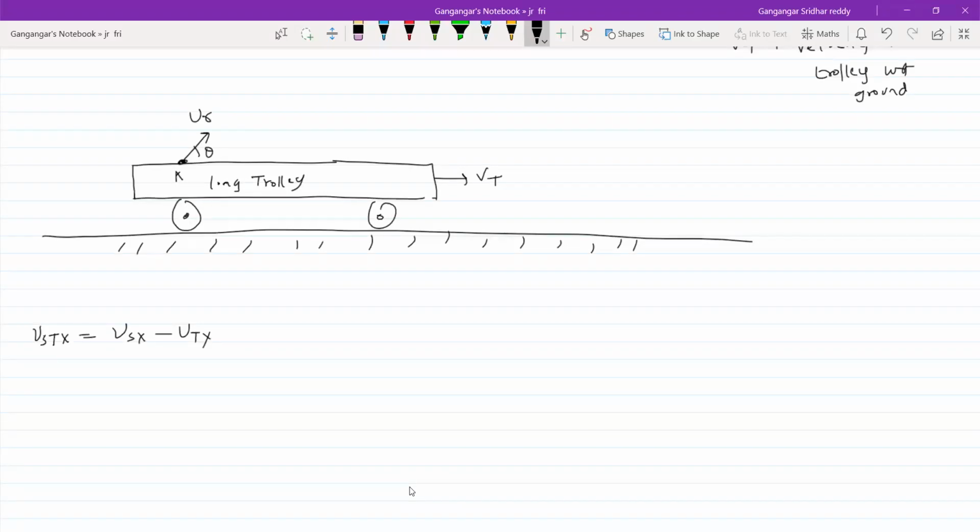And what is the velocity of the stone with respect to the trolley along the x-axis? It is UR cos theta. The velocity of the stone with respect to the ground along the x-axis, we don't know this. The velocity of the trolley along the x-axis is VT. Substitute all this. Towards the right, I'm taking positive.